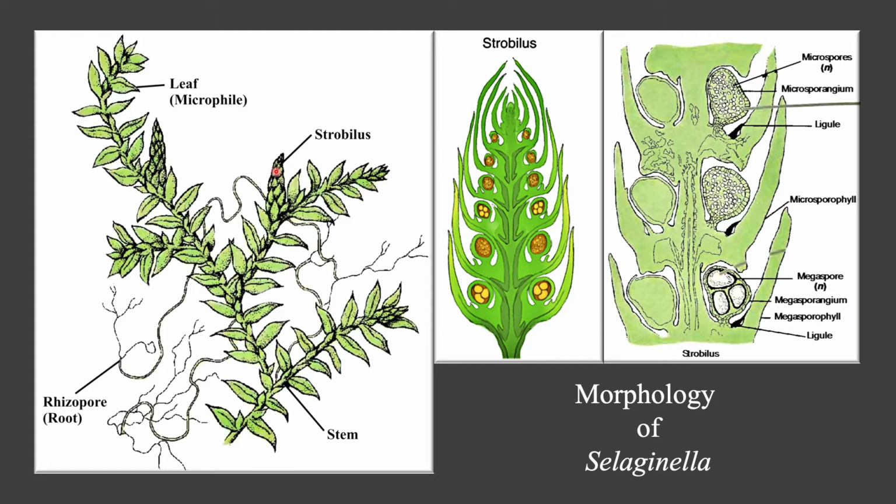Microsporophylls are those leaves which contain microsporangium, and megasporophylls are those leaves which contain megasporangium. Both kinds of sporophylls may occur together in the same cone or strobilus, or they may be borne in two separate cones either on the same plant or on two separate plants.